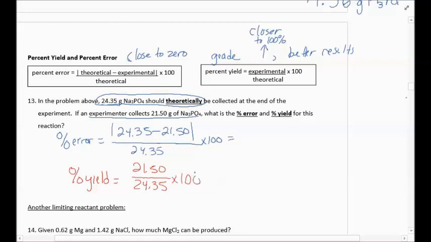I would always encourage you, especially if it asks for both, to do both calculations, because if you're over 100%, you're not going to necessarily recognize it right away with percent error, but you will with percent yield. Sometimes in an experiment you can end up with over 100%, but usually you do not.